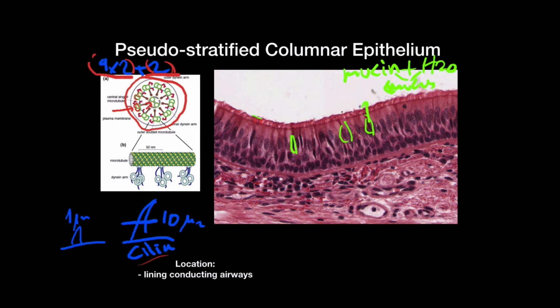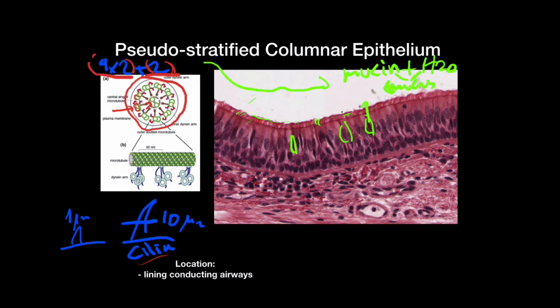So you're going to have a layer of mucus right here as well, together with the cilia. The good thing about having the mucus and the cilia in your conducting airways is that when you breathe in air, it works as filtration, and it's also going to warm up the air you breathe in. In that way there's less chance to get sick.